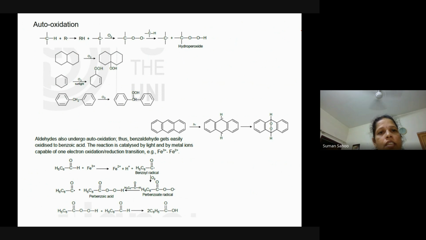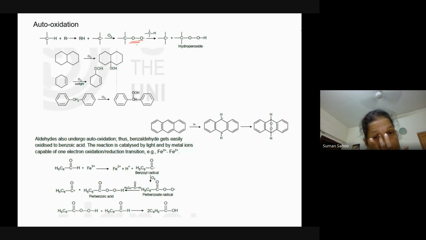Whenever free radicals are present in air, or you are just putting it in exposure to air, that generates this kind of dioxygen free radical.